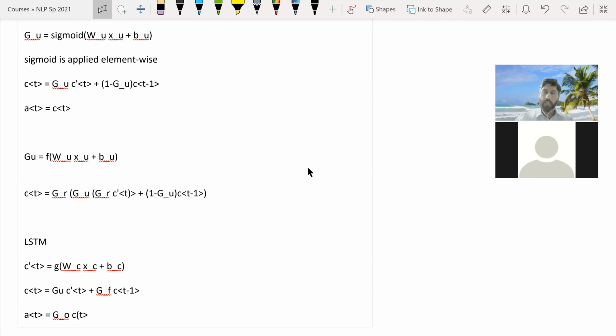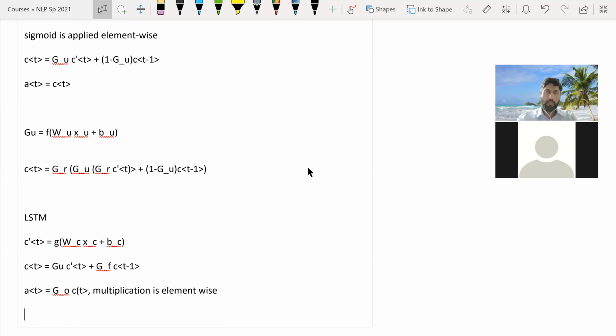This output gate, by the way, is a vector, and this vector multiplies element-wise with C. So multiplication is also element-wise. It's not a vector multiplication. The first element multiplies with the first element of C, the second with the second, and so on. So you can say we are weighing each element. And of course, all of these G's are computed in the same way.